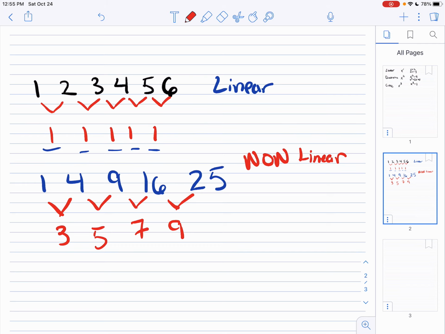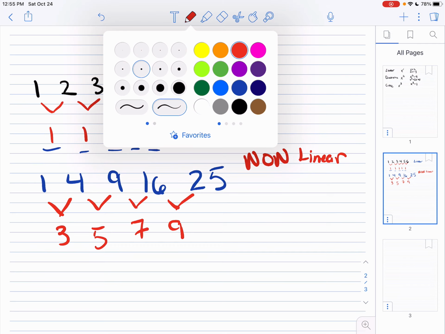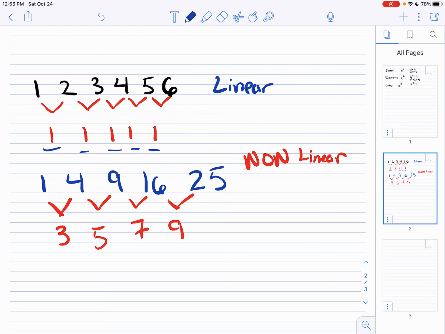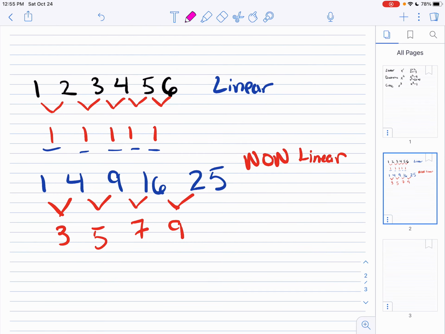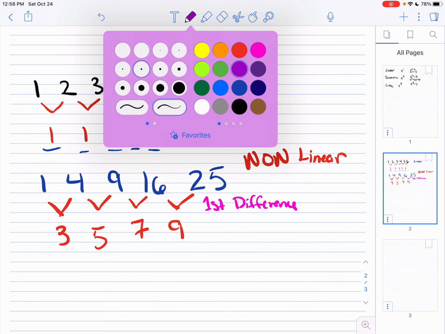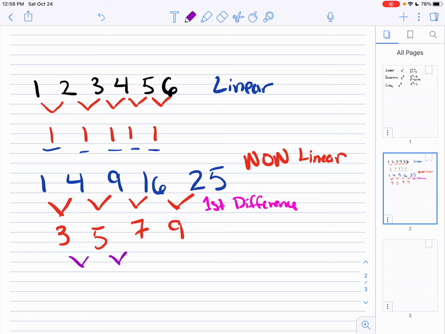To check to see if it's quadratic, we would take what's called the second difference. So this is the first difference, and now we're going to subtract again. 5 minus 3 is 2. 7 minus 5 is 2. 9 minus 7 is 2.